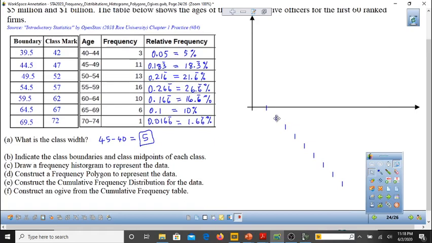And let's see if we can work with that. 1, 2, these are approximate widths. 3, 4, 5, 6, 7, 8.